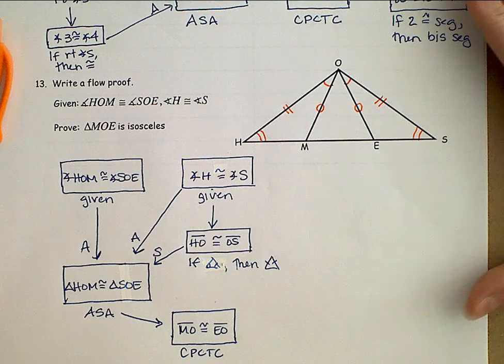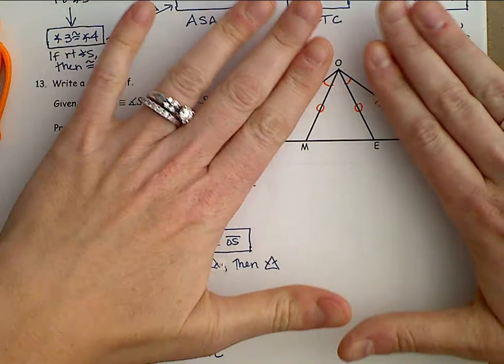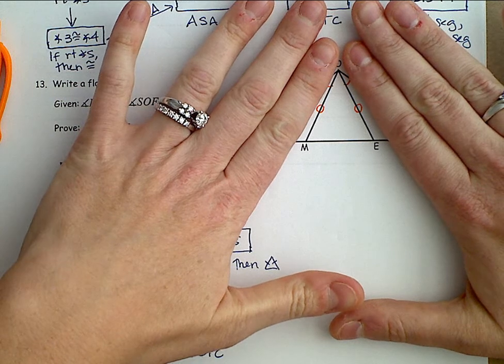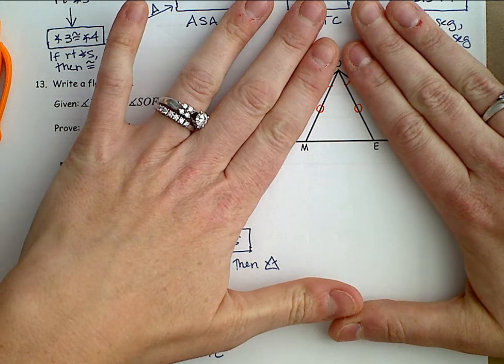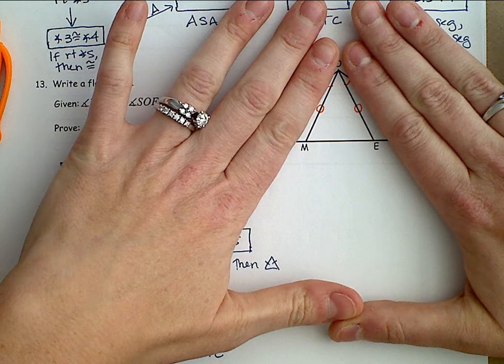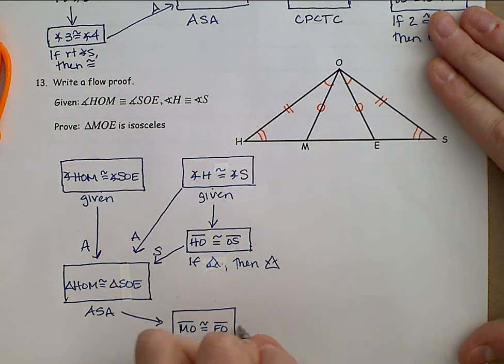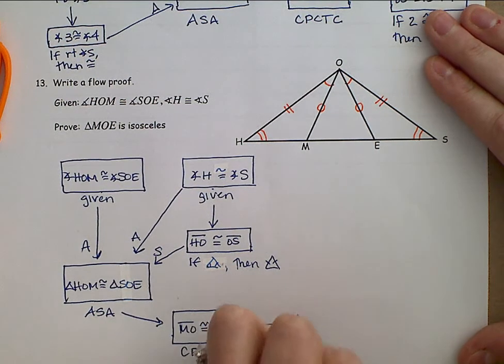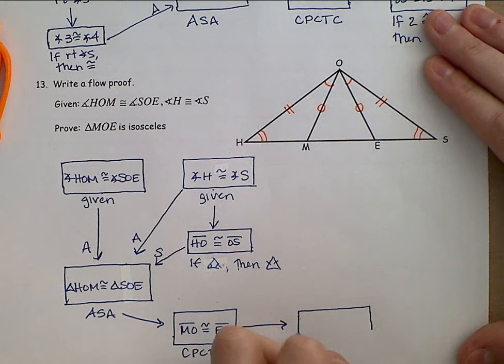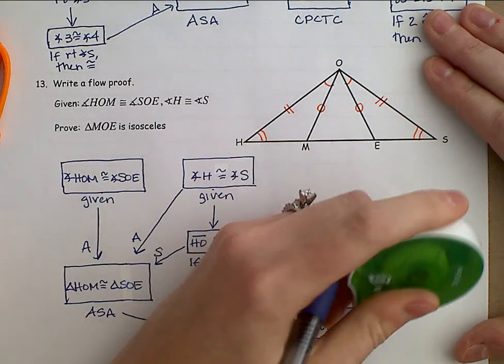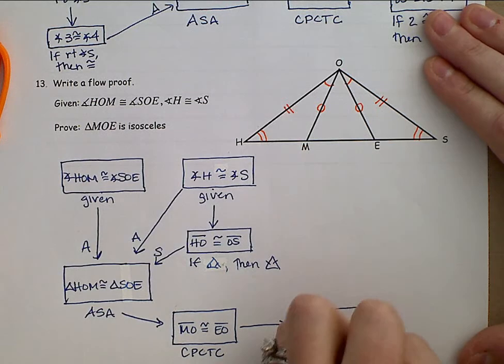Okay, now, if we cover up this piece right here, do you all see that we have those sides marked congruent in triangle MOE, which means that we can use the idea of those sides being congruent as an isosceles triangle. So off to the right some more. Let's state our prove line. We were trying to prove that triangle MOE is isosceles.